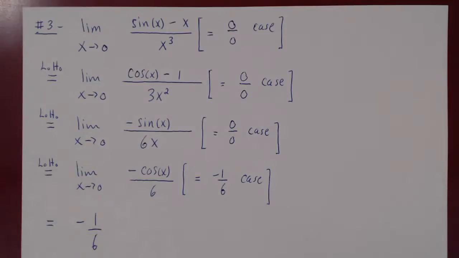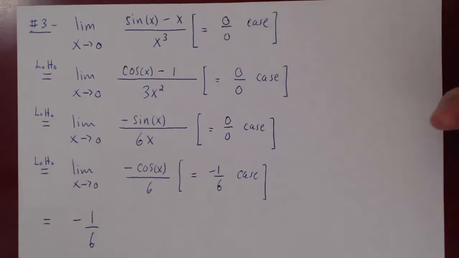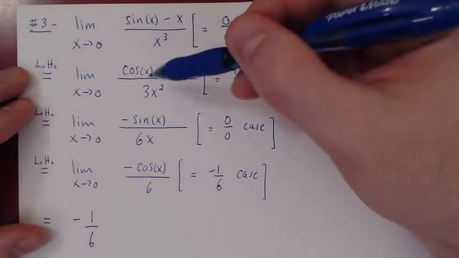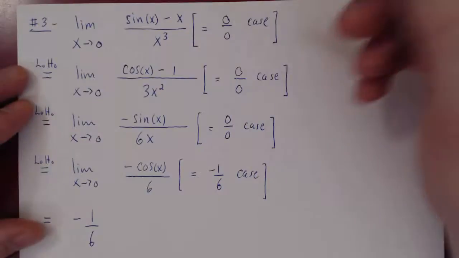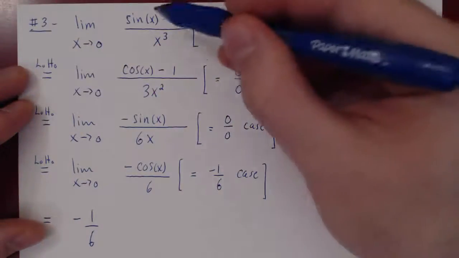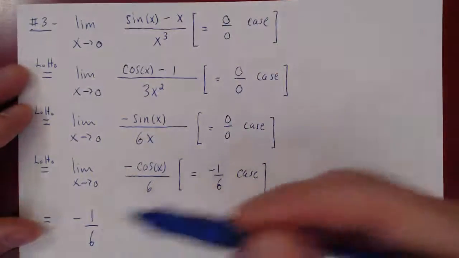And if you want to get a feeling for this, you can check this numerically. Set your calculator in radians. It has to be in radians because the derivatives that we have for trig functions are only true if the argument is in radians. And then compute, say, take x to be 0.00001, plug this in here, and you'll get a value that will be really close to negative 1 over 6.